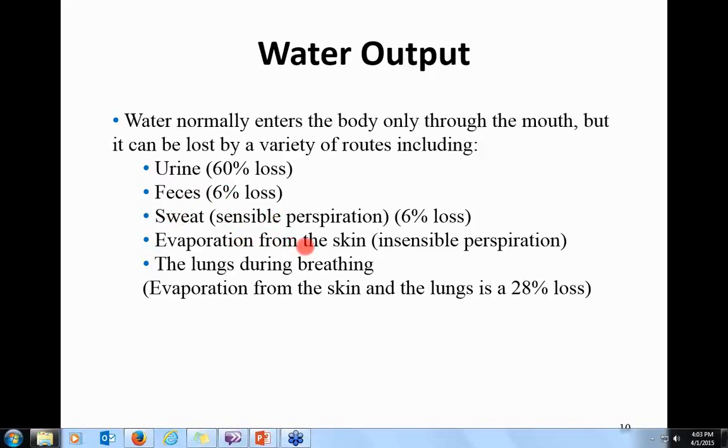There is evaporation from the skin, since your skin is slightly moister than the environment sometimes, and from the lungs during breathing. Your lungs are mucus-coated and nice and moist, so as air hits them, you lose some of the moistness. Evaporation from the skin and the lungs is about a 28% loss altogether, so that should add up to about 100%.